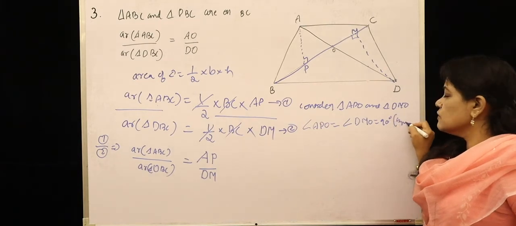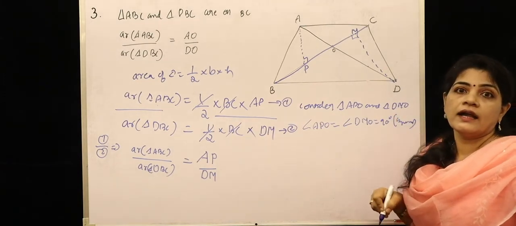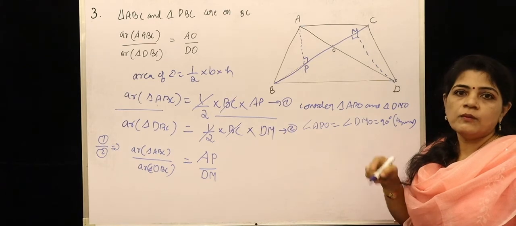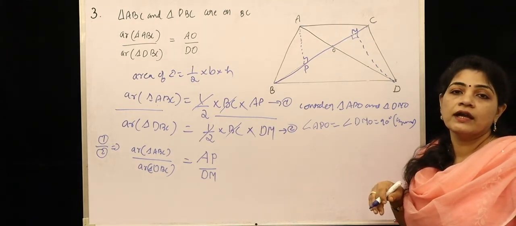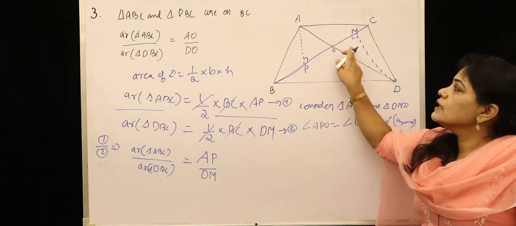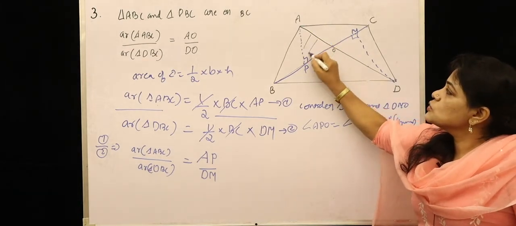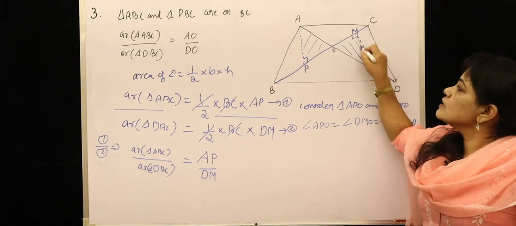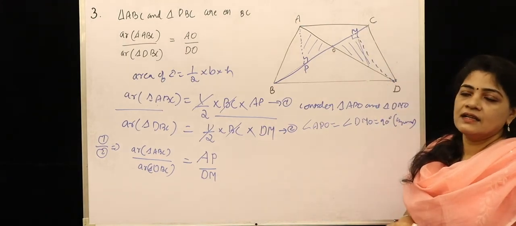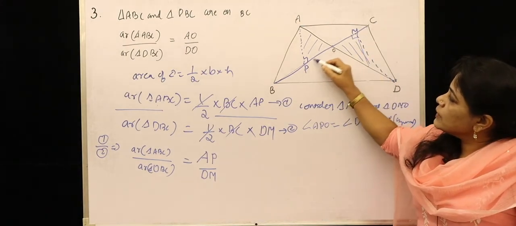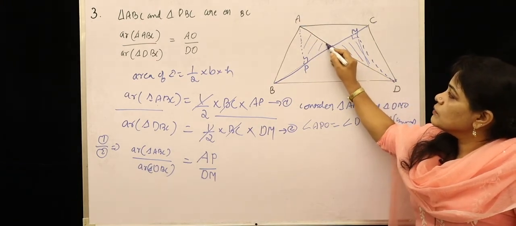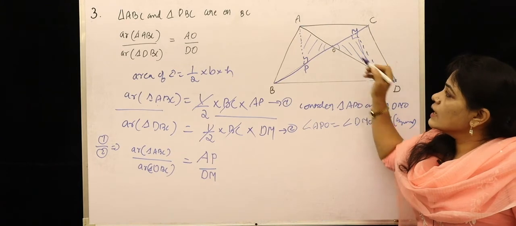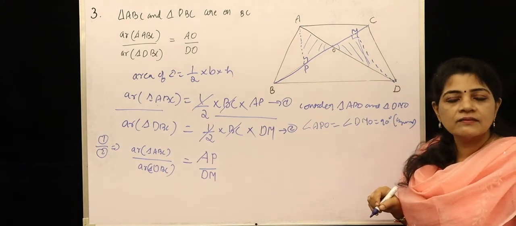By construction, we have drawn the perpendicular height. One more angle, if you can show that they are equal in both the triangles APO and DMO, you can say that these two triangles are similar under AA criteria. See children, these two sides PM and this side get intersected at the point, that means this angle and this angle are vertically opposite angles.